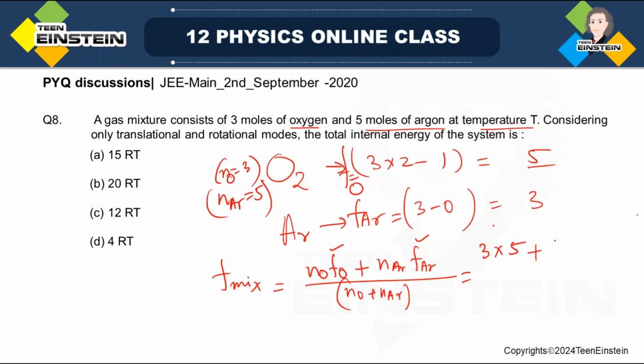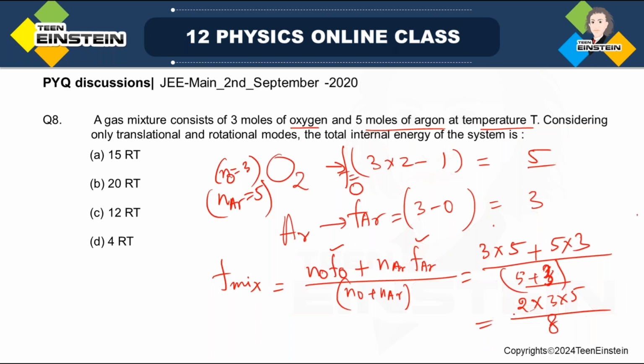Argon has 5 moles, and its degrees of freedom is 3. So we have 3 into 5 plus 5 into 3, divided by 5 and 3, which is 8.